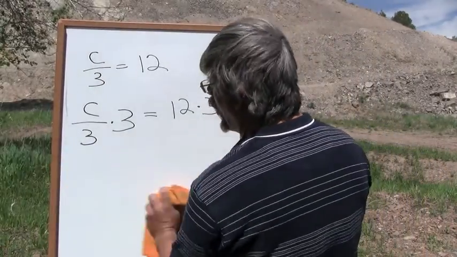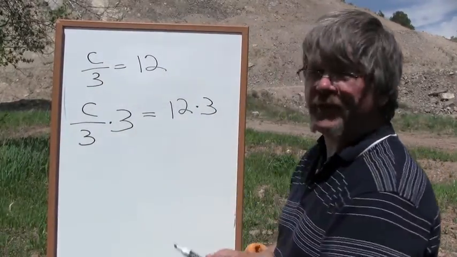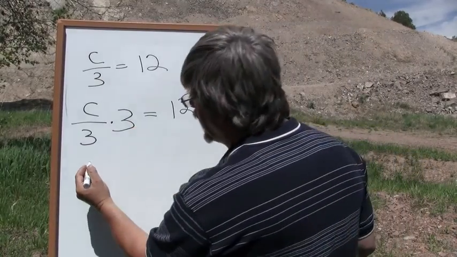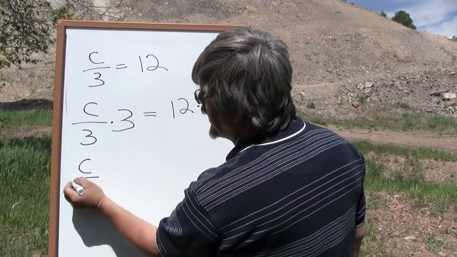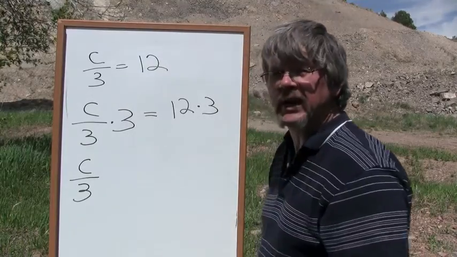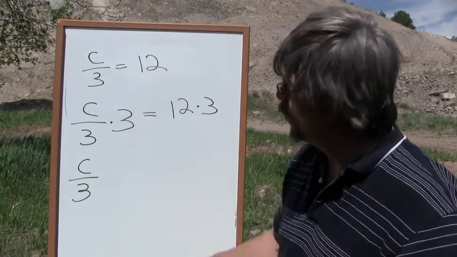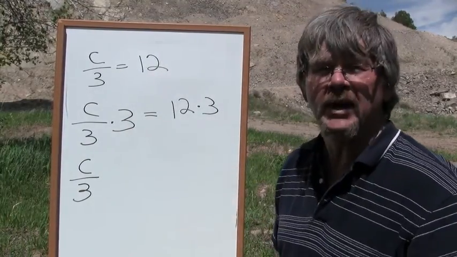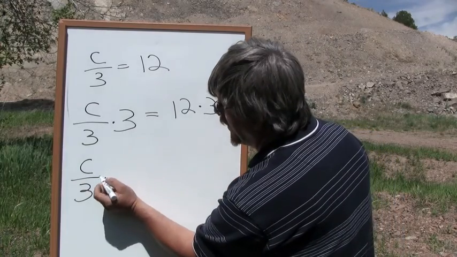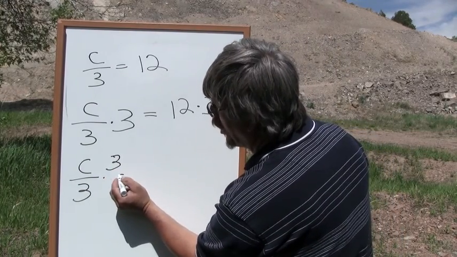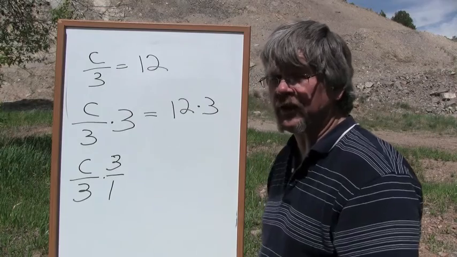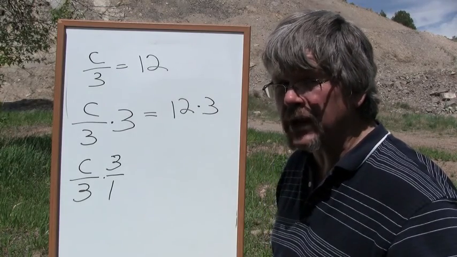The reason I show you this is because of this. I want to rewrite this. We have our variable c. It's been divided by 3. To undo the division, we are multiplying it by 3, but I want to multiply it by 3 over 1, which is the same thing as 3.